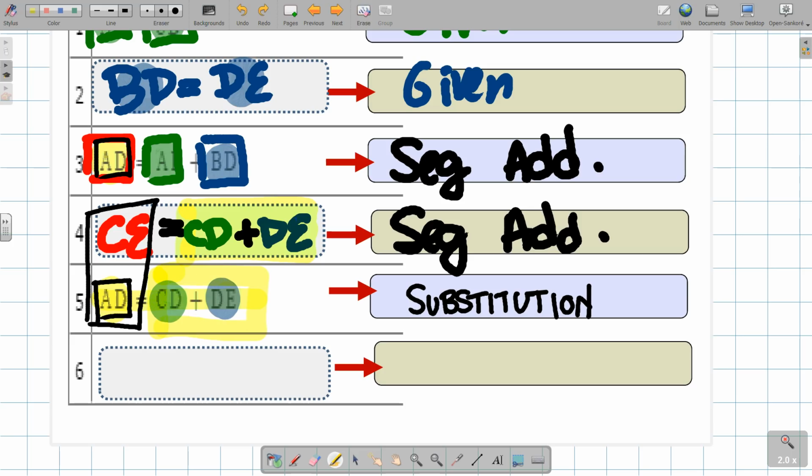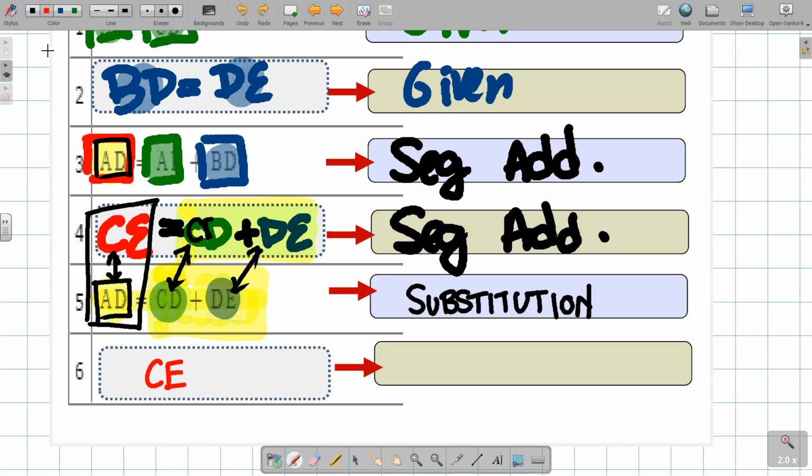Do you see in 4 and 5 now that we have the exact same expression? Look, CD plus DE, see, it's exactly the same. If these are exactly the same, that means we can now swap these out and say they are the same.